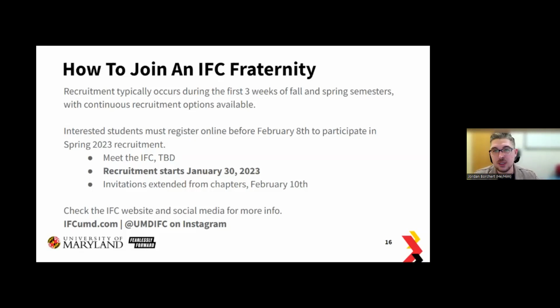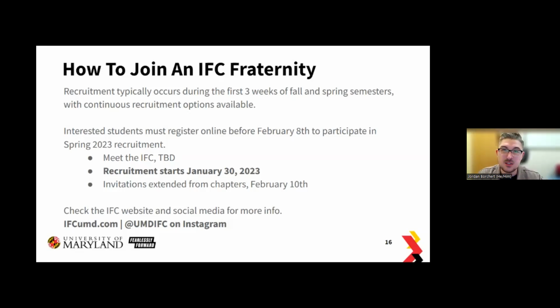In those 6 weeks, they'll learn about the fraternity and bond with the members, and after 6 weeks, they're initiated, they're active members, and they receive all of the rights and benefits of being a member. Then they have the rest of the semester to focus on other things and their academics.